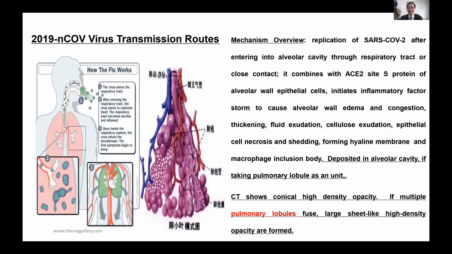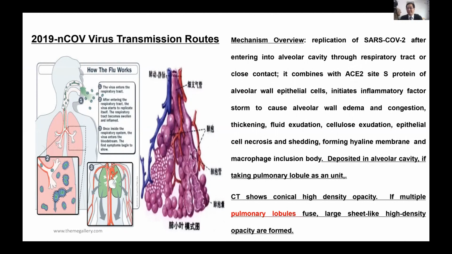The initial inflammatory factor storm causes alveolar edema and congestion, followed by cellulose activation, epithelial cell necrosis and shedding, and hyaline membrane formation with macrophages.